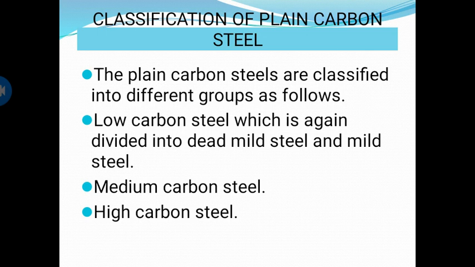So plain carbon steel is an alloy of iron and carbon. Depending on the percentage of carbon, this plain carbon steel is of three types: low carbon steel, medium carbon steel and high carbon steel. Low carbon steel is again divided into dead mild steel and mild steel.